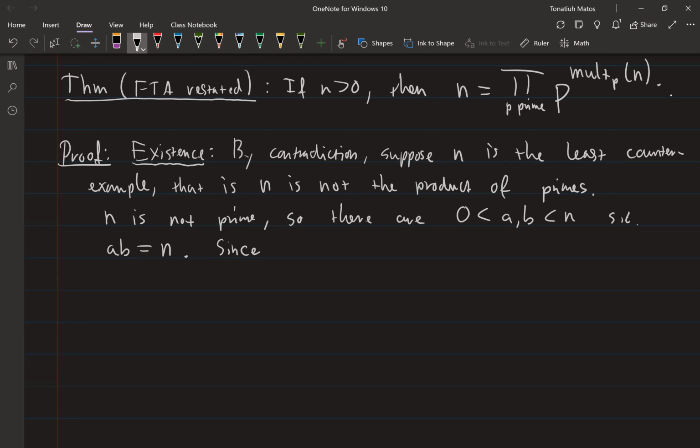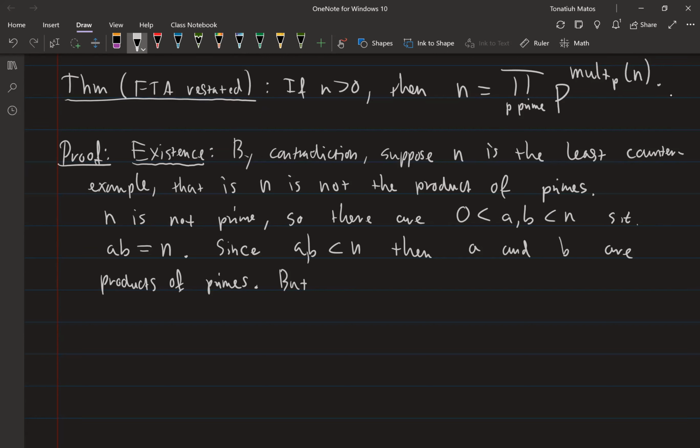But since a and b are smaller, then a and b are products of primes, because n is the least counterexample. So a and b are not counterexamples. So these are products of primes.